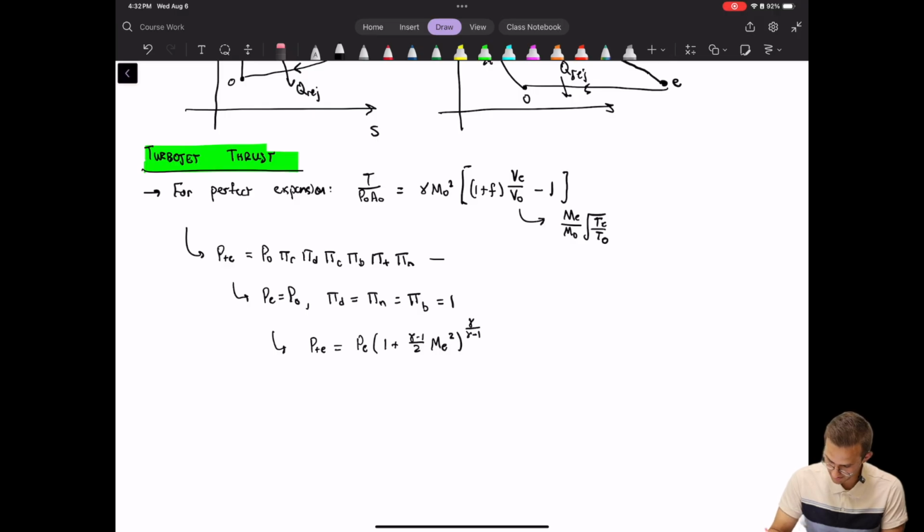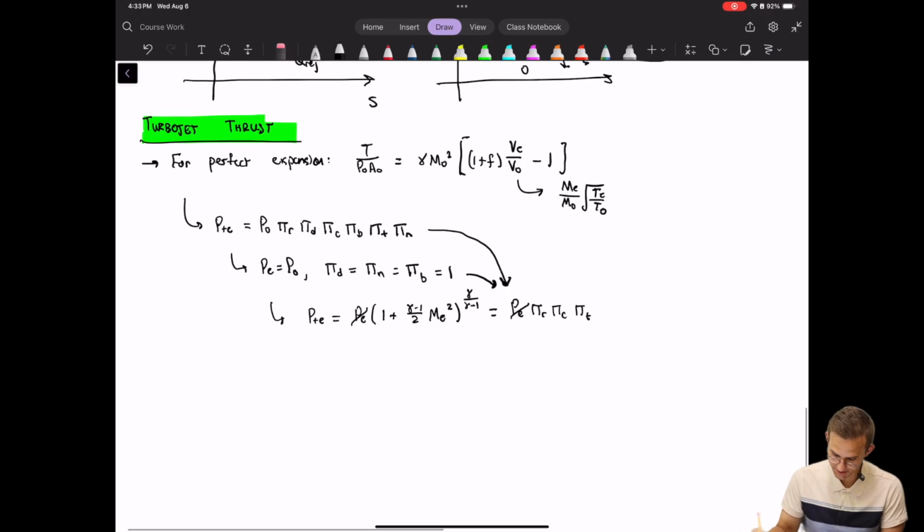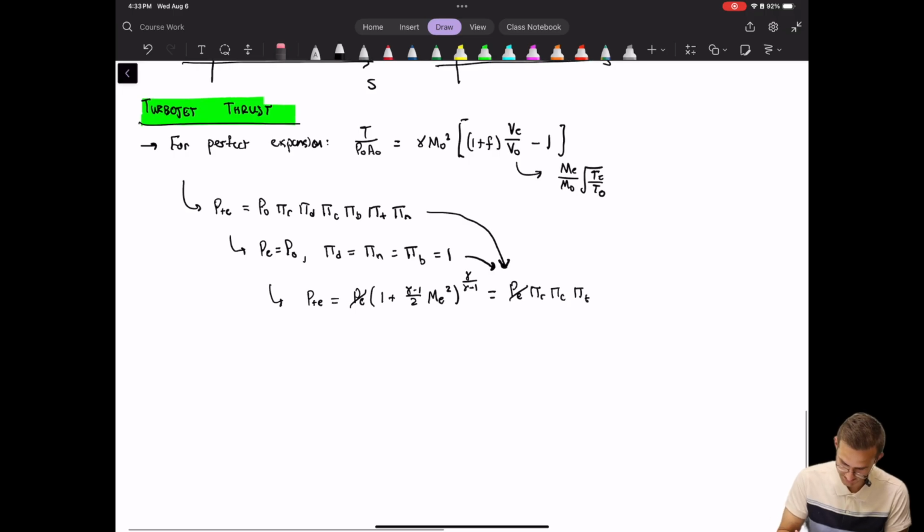And then we can bring this over with all of these assumptions incorporated. And we end up with PE. So we replace P naught with PE. So we have PE here. And then all we have left over is pi R times pi C times pi T. And then the PEs cancel. And then the other assumption that we need to make, so let's just label these here, assumptions.